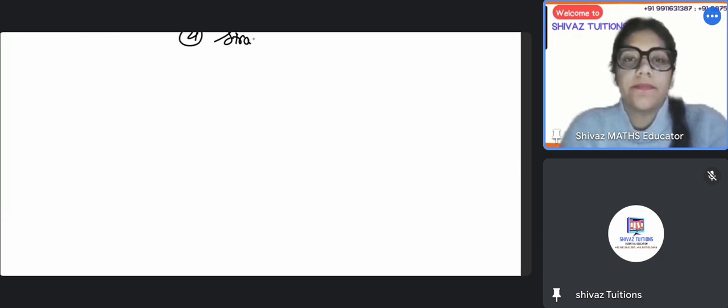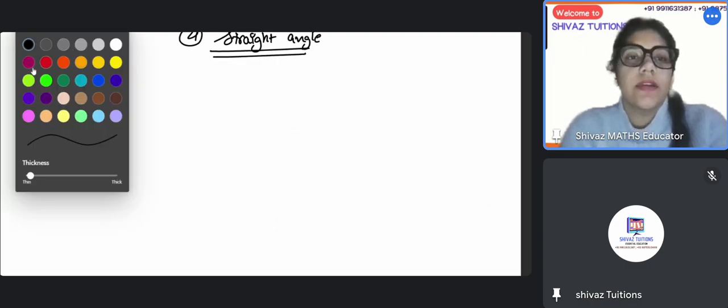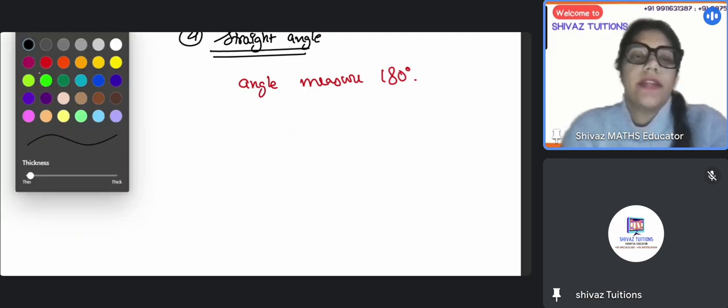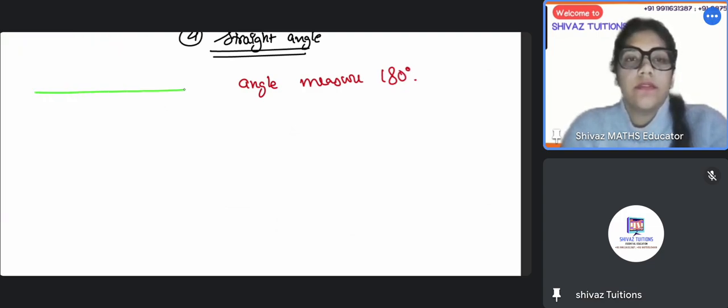An angle that measures 180 degrees. So it is like a straight line. Okay, that is called a straight angle.